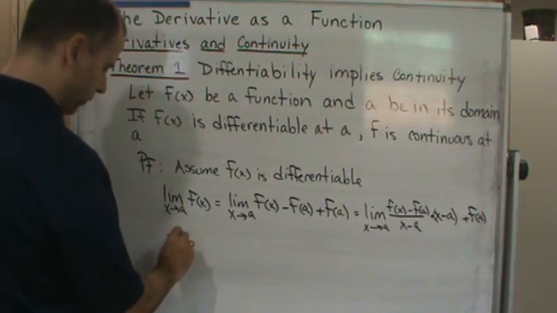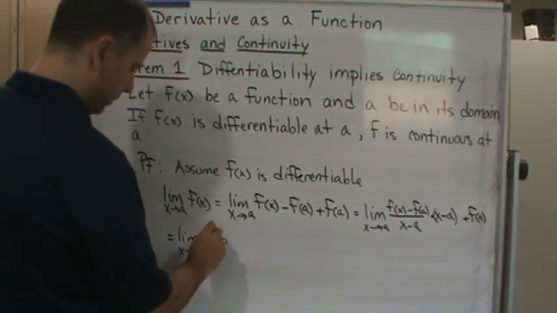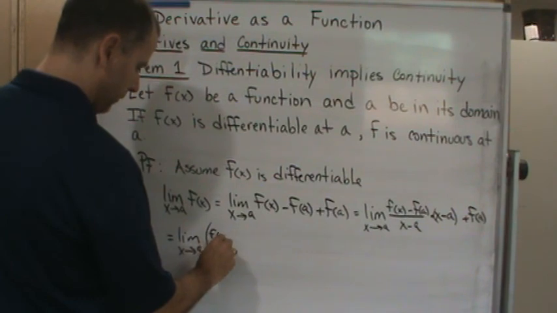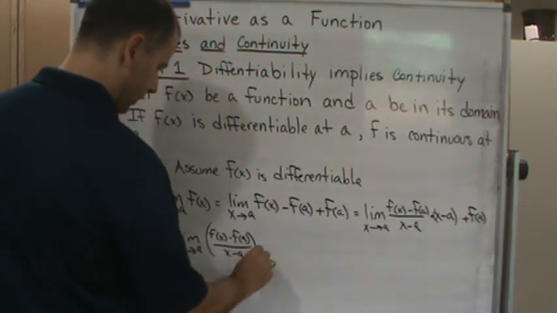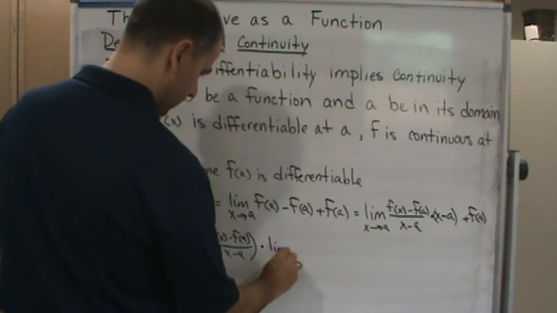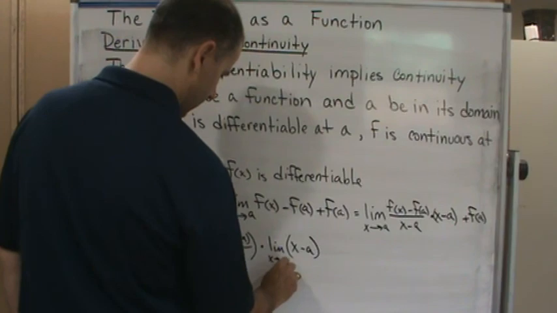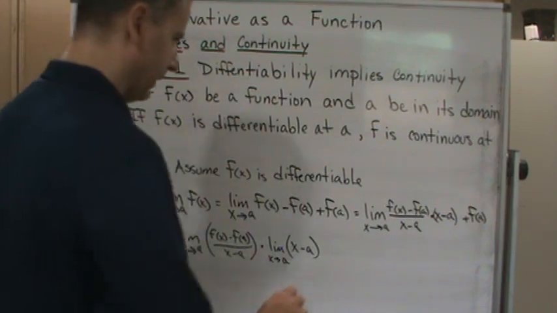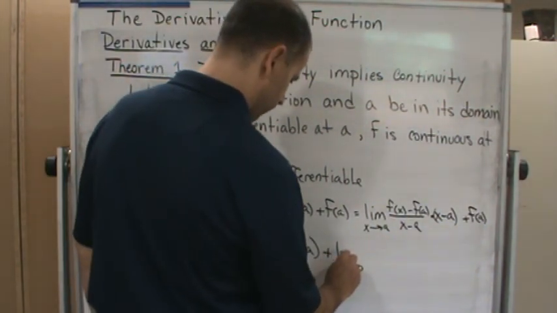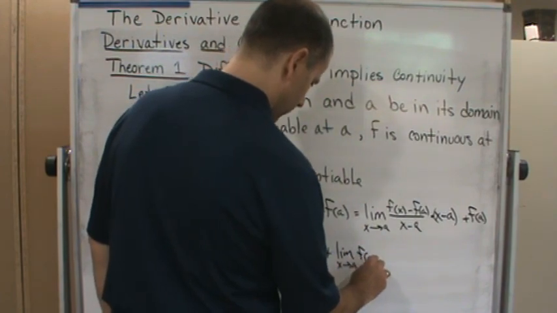So now this is going to equal the limit as x approaches a of f of x minus f of a divided by x minus a, times the limit as x approaches a of x minus a, and then plus the limit as x approaches a of f of a.